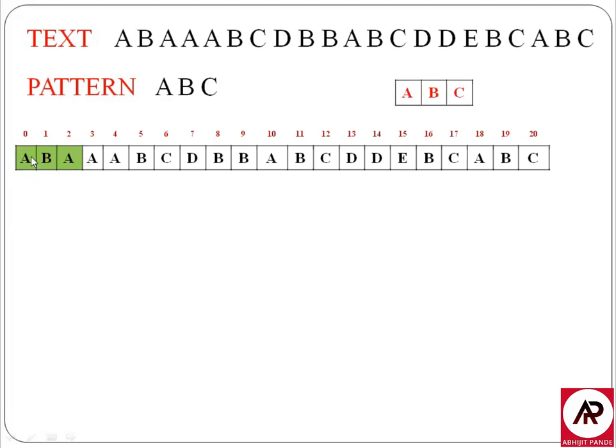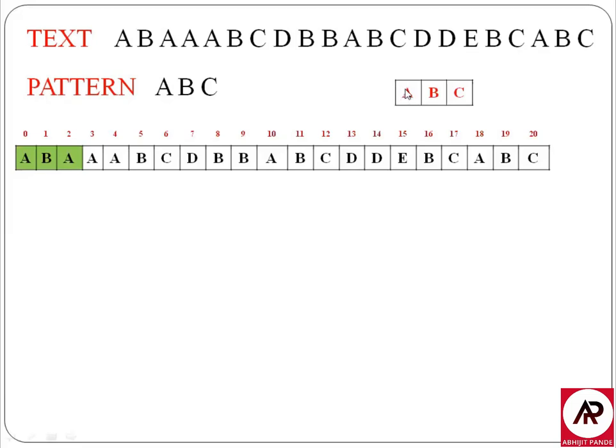Now, this algorithm starts by comparing the first character of the pattern with the first character of the string. Here, the first character of the pattern is A and the first character of our string is A. If the first character matches, then it will check the next character of the pattern. If the first character of the pattern does not match the first character of the string, then it should simply shift the window by one character.